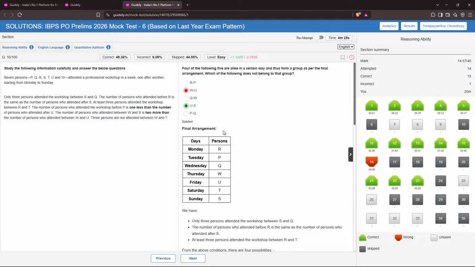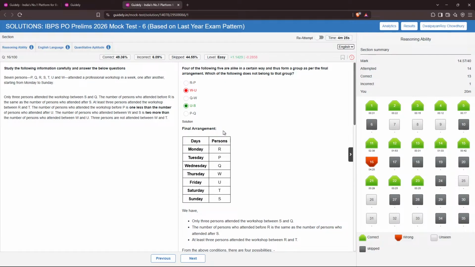Okay, so this one was, okay, I guess I forgot to remove them. The correct one is RPW. RP, so PQW.